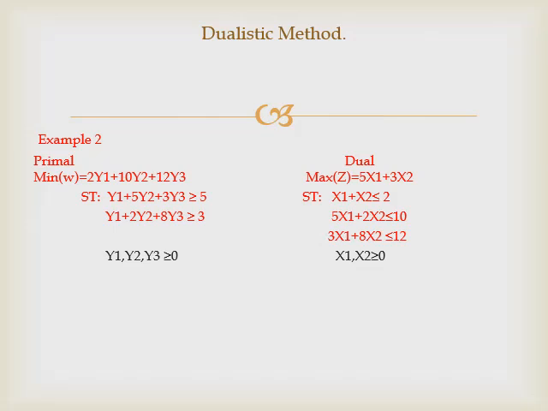Now, the variables in the dual are y1, y2, y3 more or equal 0. The variables in the primal are 2 only, x1, x2 more or equal 0.